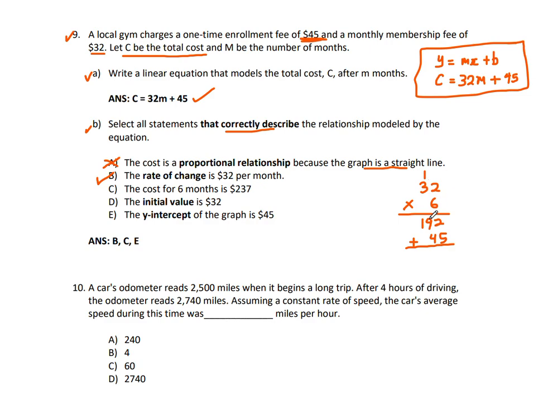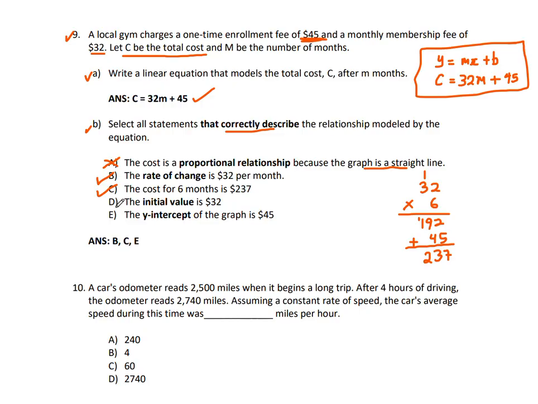That is going to be the total charge emerging from paying $32 each month. But we now add the one-time fee of 45. This is going to be 7. 4 plus 9 is going to give us 13. We carry 1 here. 1 plus 1 is going to give me 2. So that's 237. So C is also right.